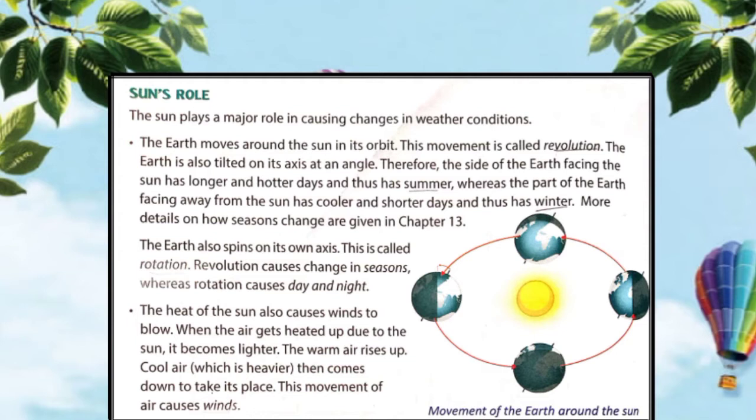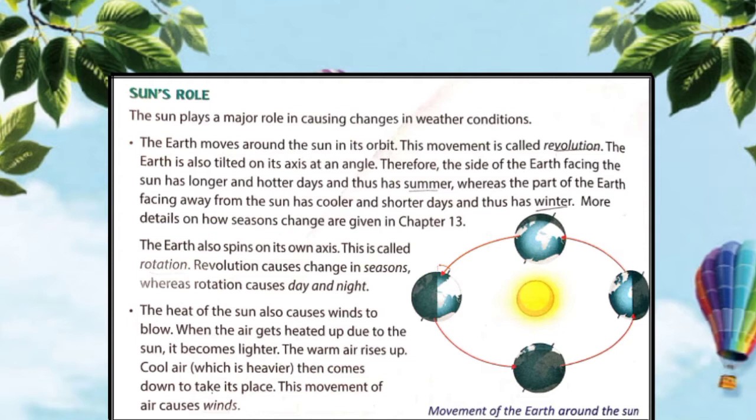Now let's understand what is rotation. As you know, the earth moves in two different ways. Earth revolves around the sun once a year and rotates on its axis once a day. When the earth's orbit makes a circle around the sun, at the same time the earth revolves around the sun.